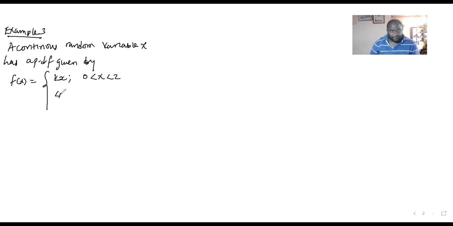It also has 4k times 1 minus x over 4 for 2 less than x less than 4.